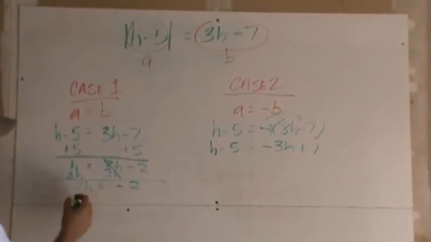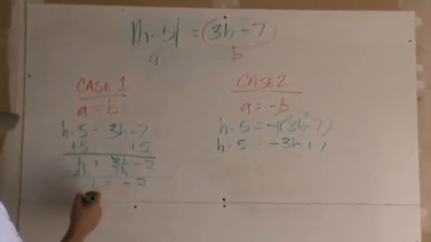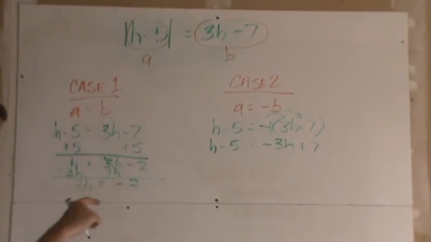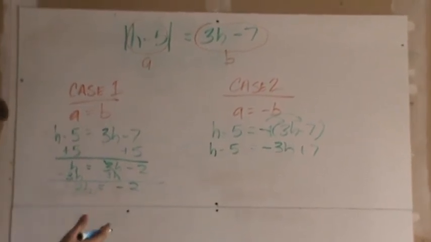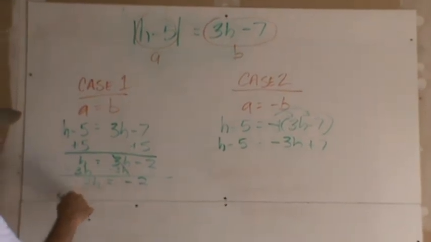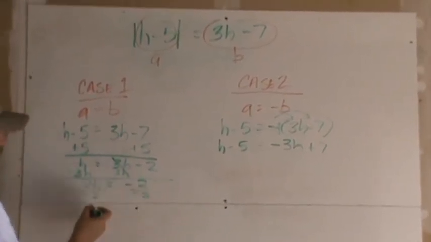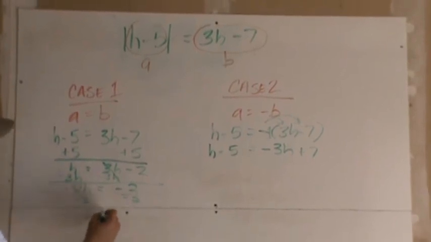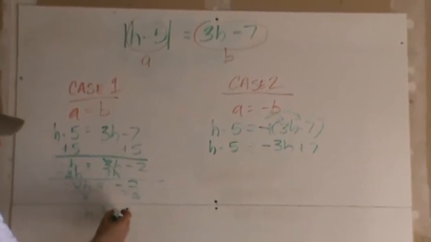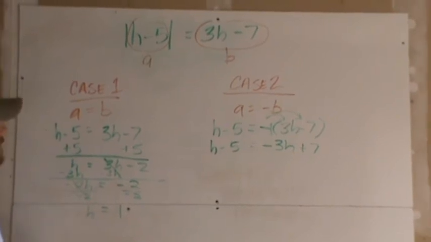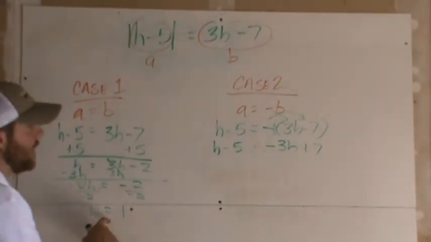The h still isn't by itself. The last step is divide. Remember, when two things are next to each other, it means multiplication. If you're thinking opposites, we just want to divide by whatever's still connected to it. So we'll divide by negative 2. These will cancel, leaving you with h equals negative 2 divided by negative 2, which is just going to be positive 1. So one of our solutions is going to be positive 1.